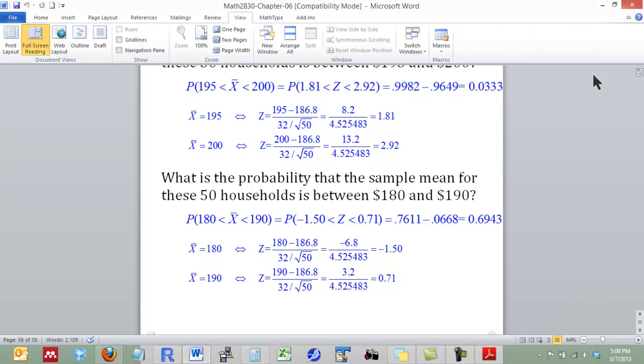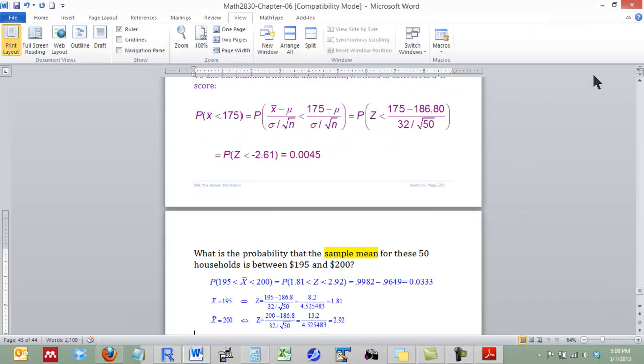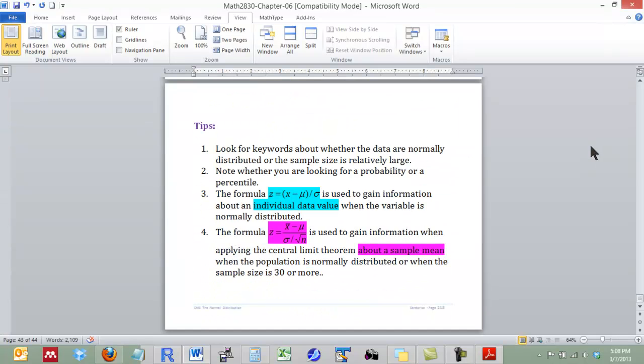Once you've got that, a few tips when you're going through these. First you want to decide whether your data are normal, so is X normal? If it's not, then you want to look at what your sample size is. Is it big enough, so is it bigger than 30? Look for whether you're computing a probability.